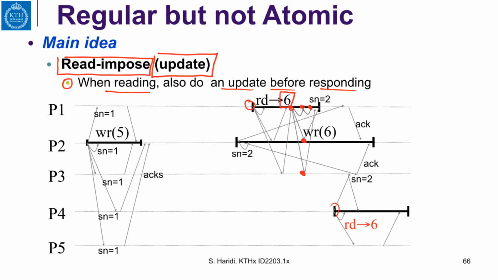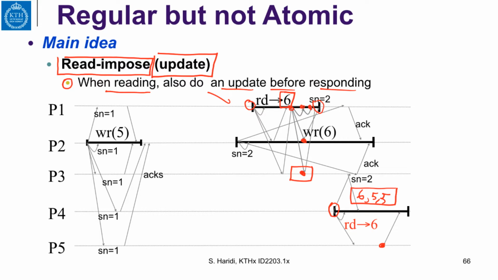This update goes to a majority, P2, P3, and to itself, and it gets back responses from all of these. Now, this read that happens after the response of the previous read will read this value as part of the majority it gathers. This will give it the value 6. From itself, we have 5, and 5 from P5, and therefore it will return the value 6.